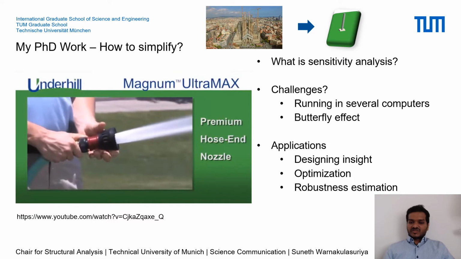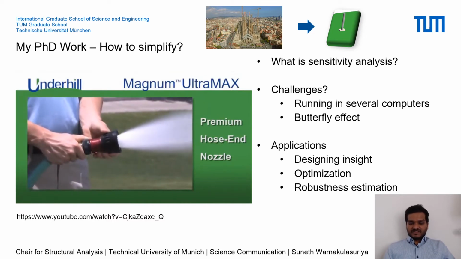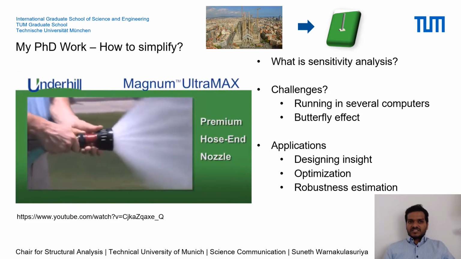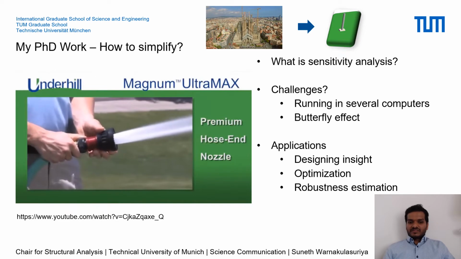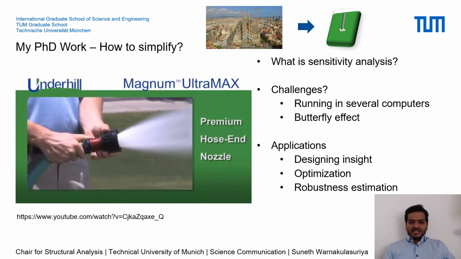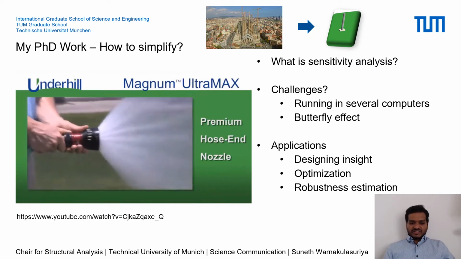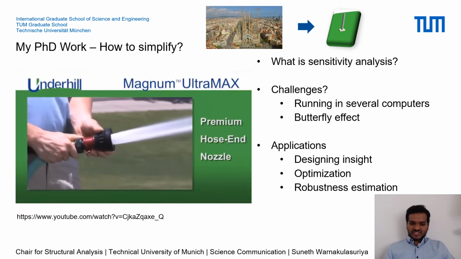The other one is the butterfly effect. Maybe you have heard about it. Let me explain it briefly. Butterfly effect is the sensitivity towards whatever your starting conditions are. As an example, in this nozzle case, let's say that your temperature is different on this day. Your flow pattern will most probably change.